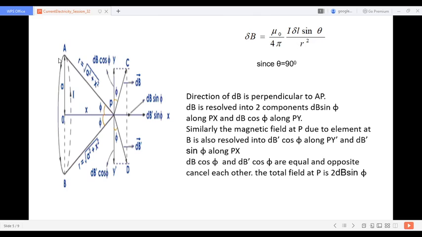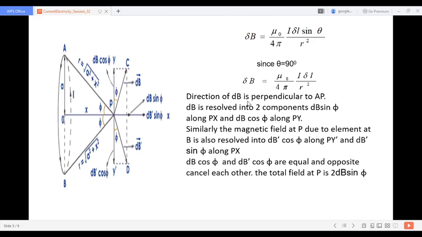Here the current element dl and the line joining the points A and P are perpendicular to each other. So the angle theta is equal to 90 degrees. Substituting theta equal to 90 in the above equation, we get dB equals mu naught upon 4 pi I dl divided by r square.